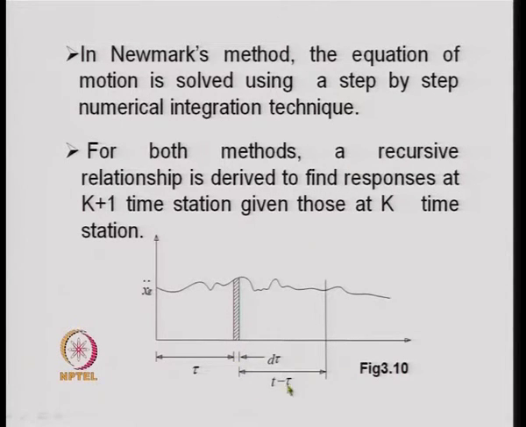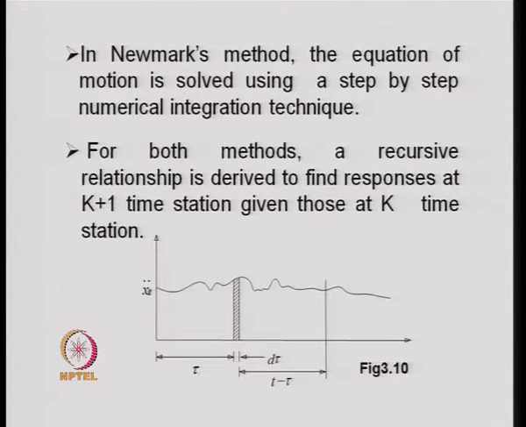Then the elapsed time is t minus tau; when the impulse is produced over here, we see its effect after a time of t minus tau. That is what we call the elapsed time, t minus tau.